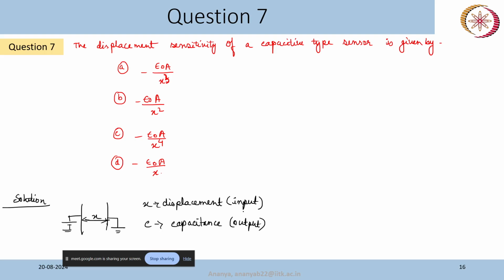So you know that the capacitance for parallel plate configuration is epsilon naught A by X, epsilon naught A by the distance between the two parallel plates, that is being denoted as X here. So this is the capacitance formula, and what will be our sensitivity?